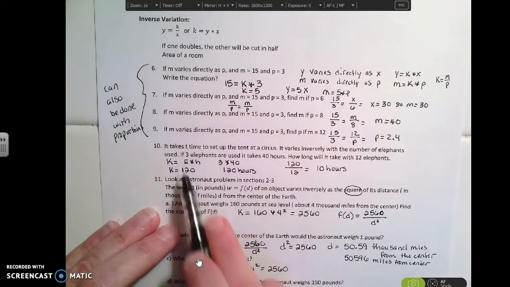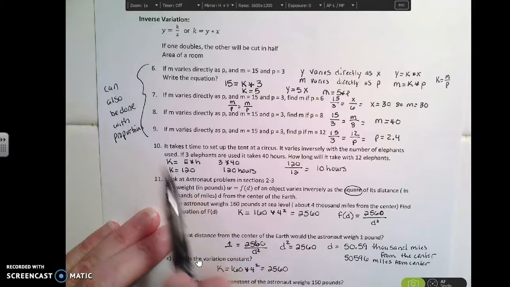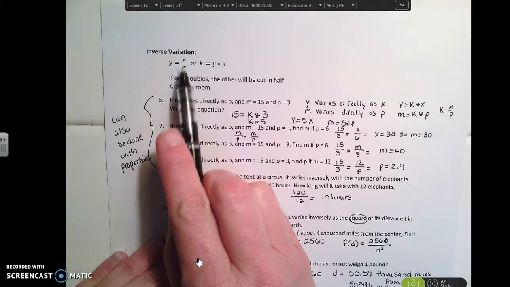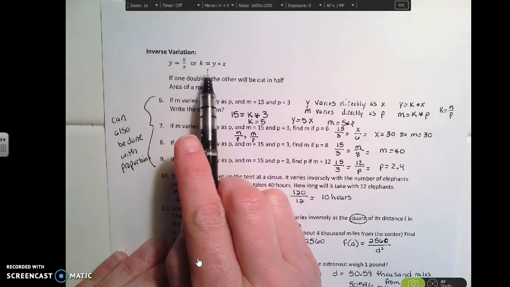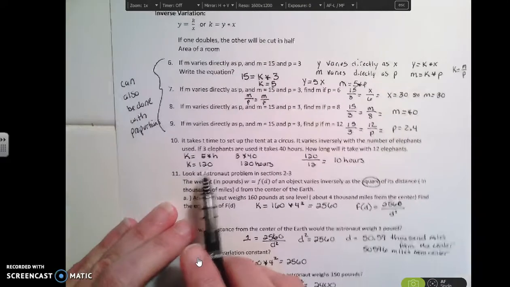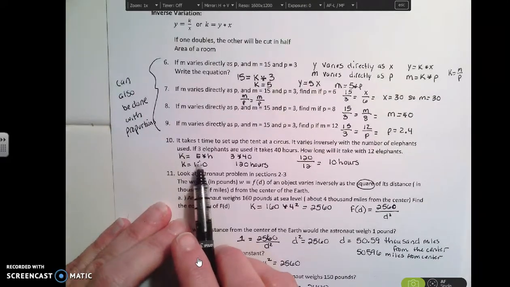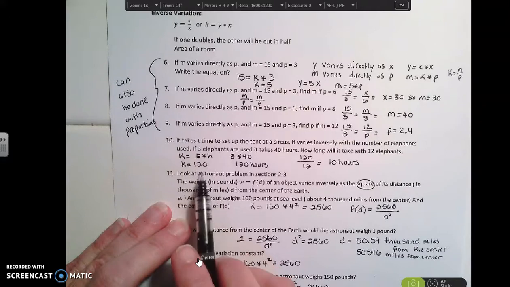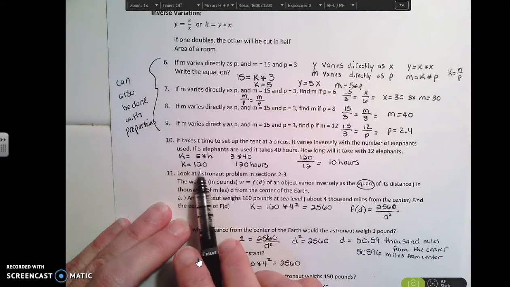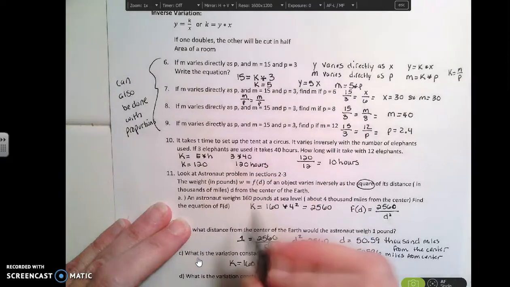So what we have to do is look at this as the proportion, and we're looking at the inverse variation, which is y equals your constant divided by x. So your constant is found by doing y times x. When we look at this, the amount of elephants used times the number of hours tells us how many total hours have to be done. So if it took 40 hours for each elephant to get this work done, then that means it took 120 total hours.